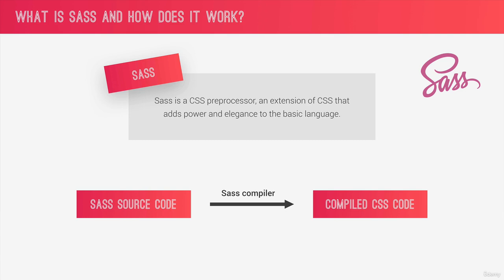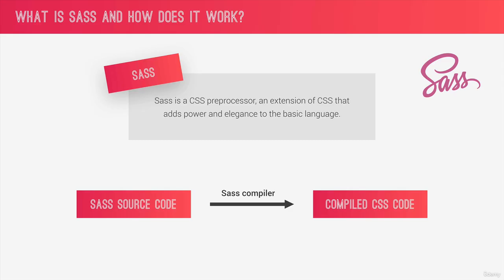Instead of writing a CSS file with regular CSS code, we write Sass code in Sass files. Then we run a compiler, and that compiler converts the Sass code we wrote into regular CSS code, as if all we ever did was writing regular CSS in the first place. So we need to process our Sass code first, and that's why it's called a CSS preprocessor.